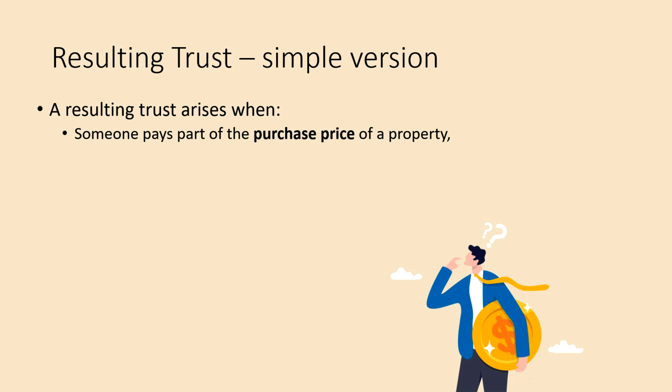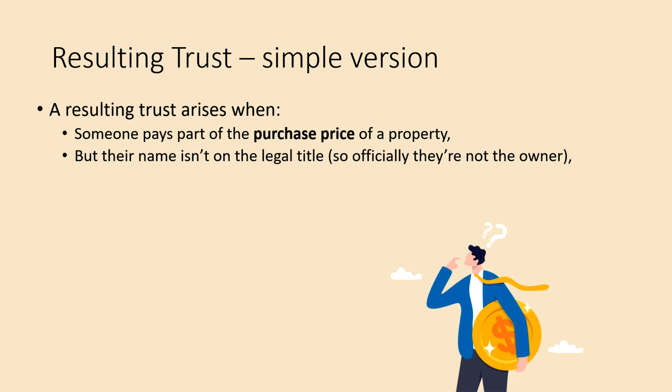So, for example, a resulting trust might arise when someone pays part of the purchase price of a property and, okay, their name isn't on any deeds or contracts, but obviously there's still a significant contribution, and that contribution should be recognized because fairness demands that, so equity might step in to protect the person who's been paying something towards the property, even if the name isn't on the legal title and they're not officially the owner.